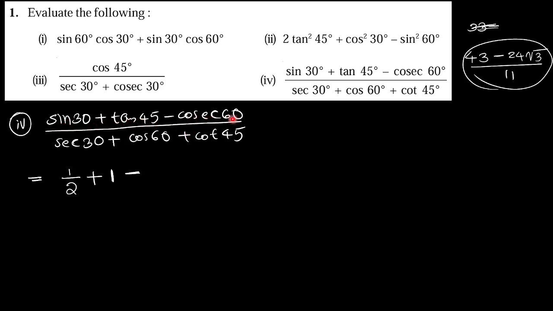Cosec 60 we have not studied, but sin 60 we have studied. What is sin 60? It is root 3 by 2, correct? So cosec 60 will be the reciprocal of this. Cosec 60 will be 2 by root 3.